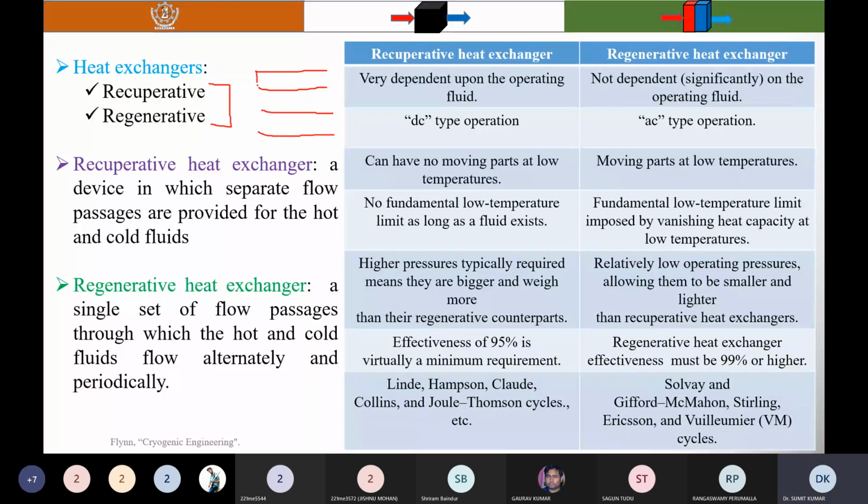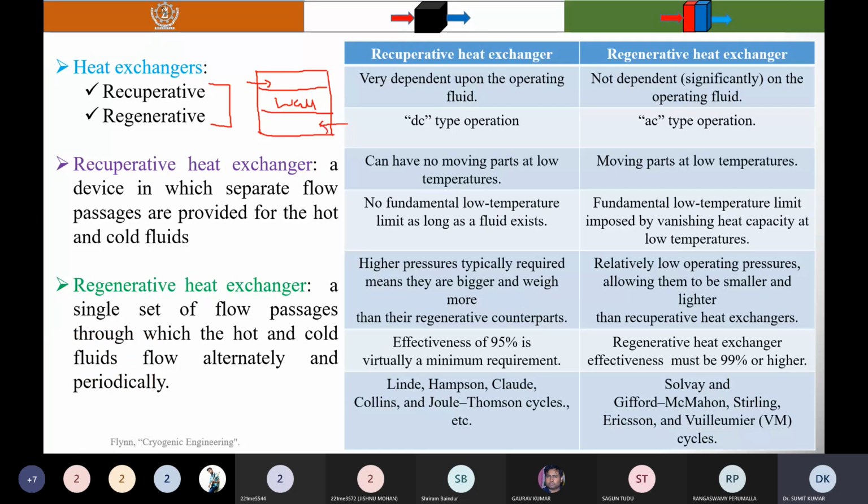Here I have considered the wall which separates the two fluids. If the hot fluid and cold fluid are flowing in the same direction, it is called a parallel flow heat exchanger. And if they flow in opposite directions, then it is called a counter flow heat exchanger.